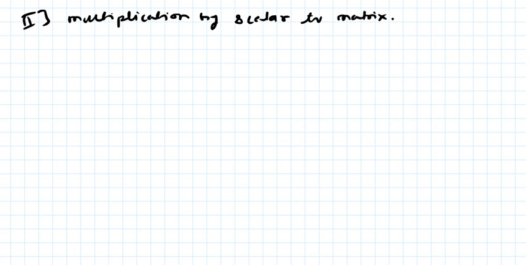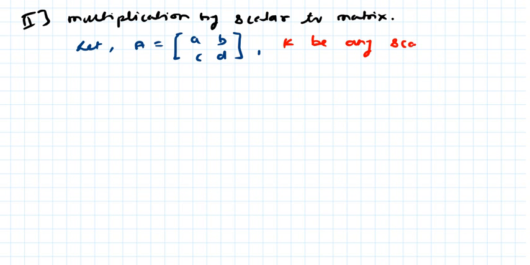Okay, if you multiply any matrix by any scalar, suppose I have the matrix A equal to A, B, C, D, and K be any scalar. Okay, K not equal to 0. It is any number not equal to 0, then see what will happen.